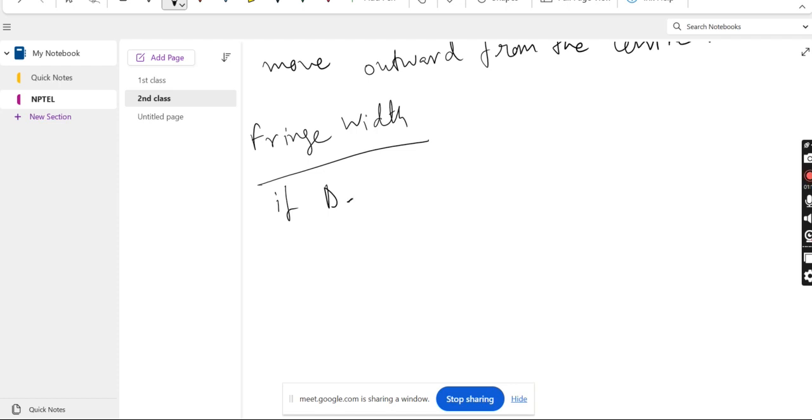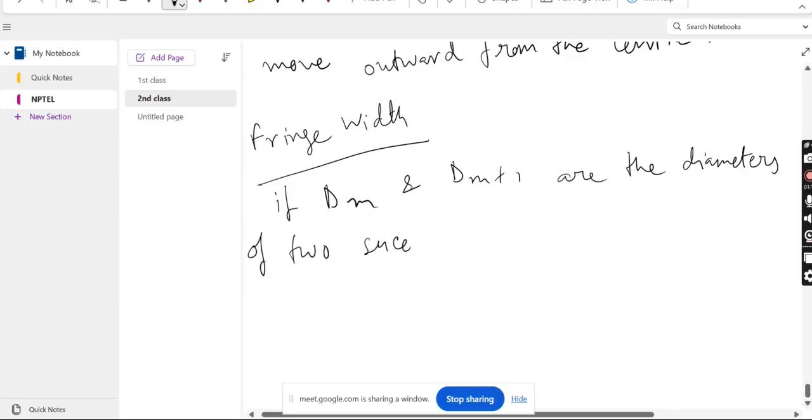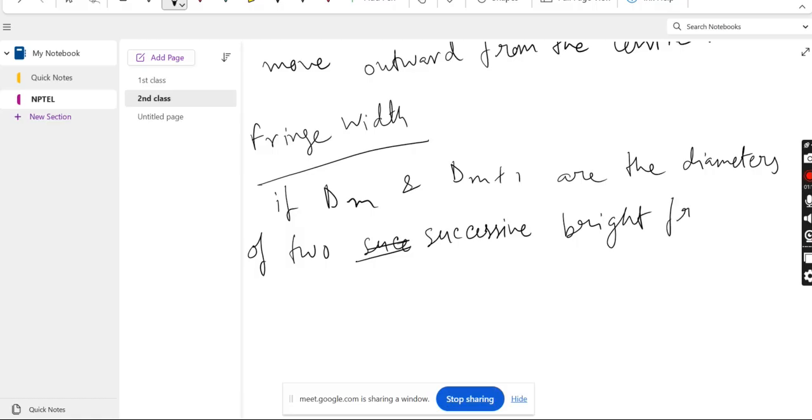So if dn and dn plus 1 are the diameters of two successive dark fringes, we can write that dn plus 1 squared minus dn squared is basically 4 lambda R by n.